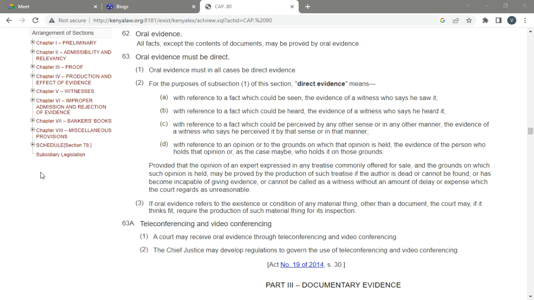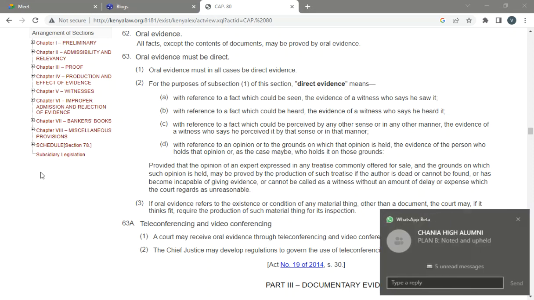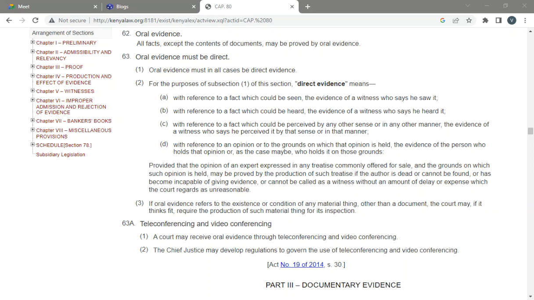So hapo tu hizo zingine zilikuwa tu general notes za kila mtu kujua, lakini sasa unapata kuna a landmark case lazima you must know, na the case inaitwa Subramanian versus DPP. So in this case, it's a landmark case because the appellant was charged and convicted of being in possession of firearms without lawful excuse. Alafu, in his defense now, this appellant asserted that he was acting under duress as a consequence of threats issued to him by a Malayan terrorist.